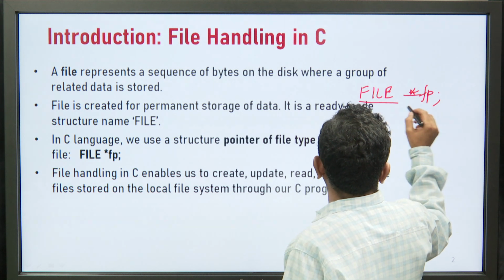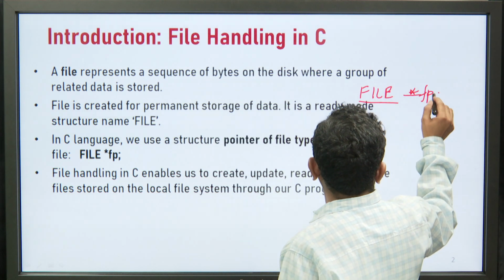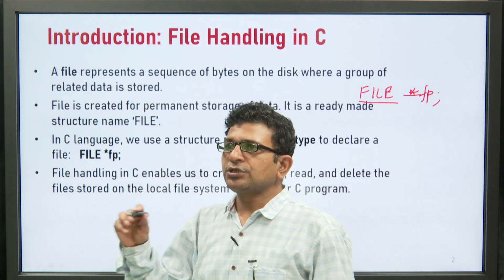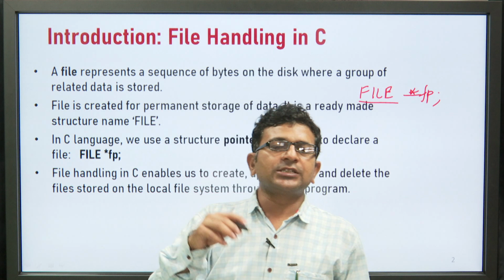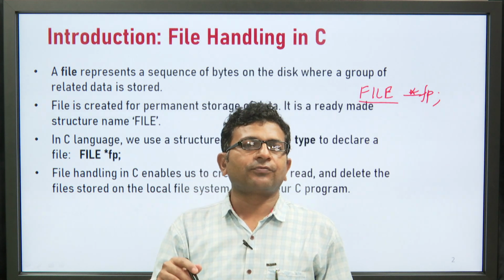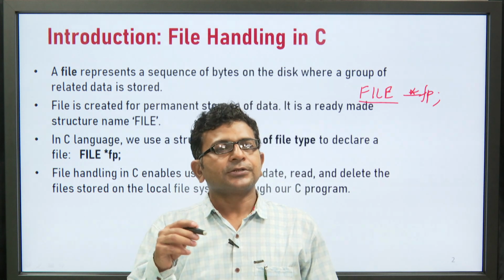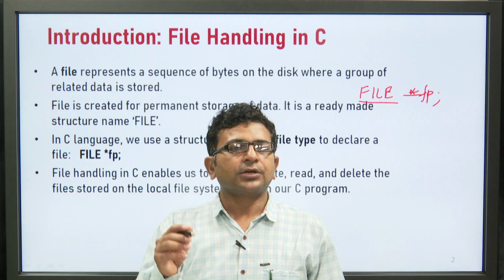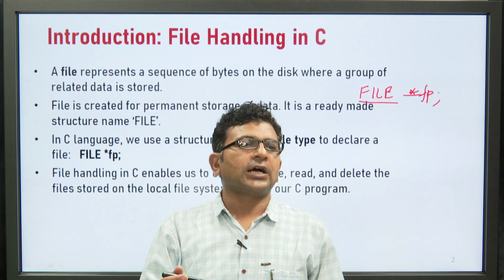Here we have declared FILE as a structure, and then asterisk fp is a pointer variable. Using this file structure pointer variable, we are able to do any kind of operation on files in C programming, like opening the file, creating the file, writing something, reading something and updating something.